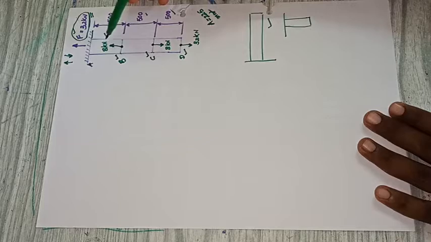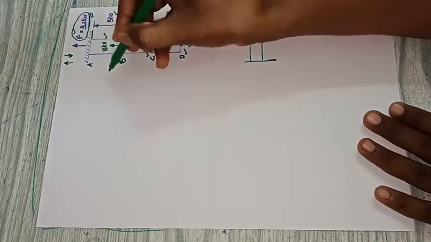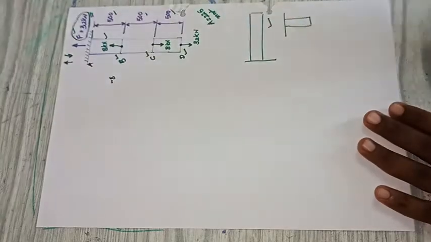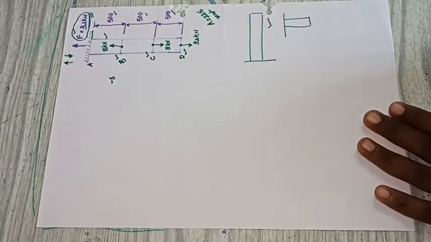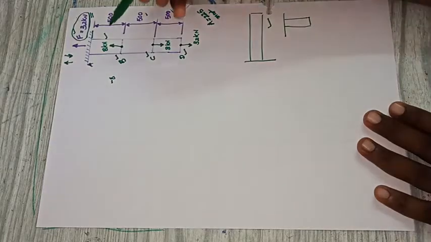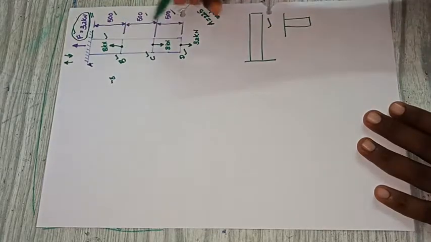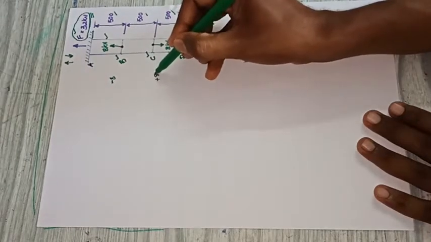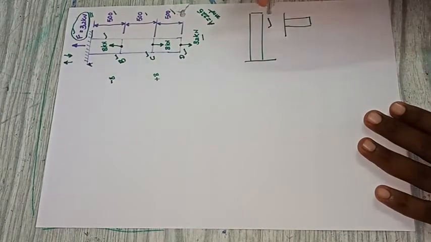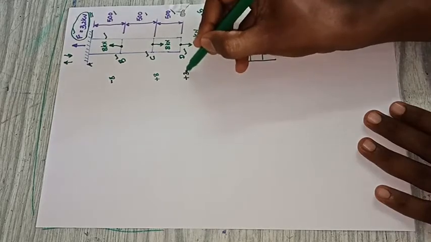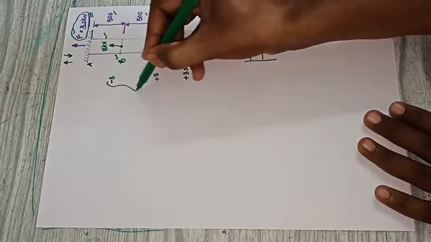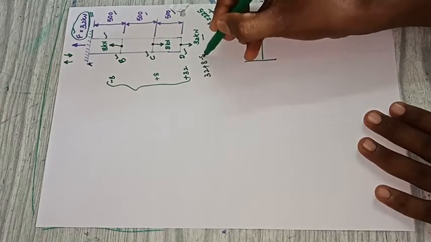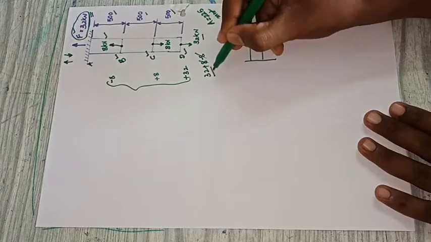One force is acting upward, so I will take this as -8, just to identify the direction of this reaction force. This 8 kilonewton is acting downward, I will take this as +8, and then this as +32. If I make the summation, it is 32 plus 8 minus 8, so the remainder is 32.